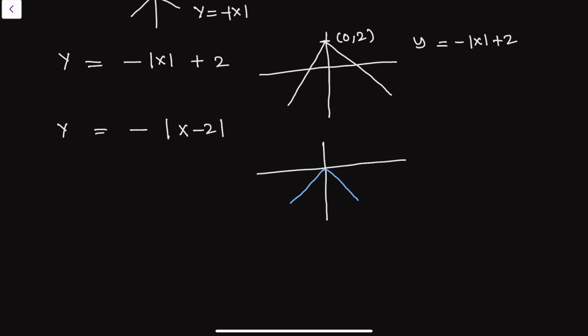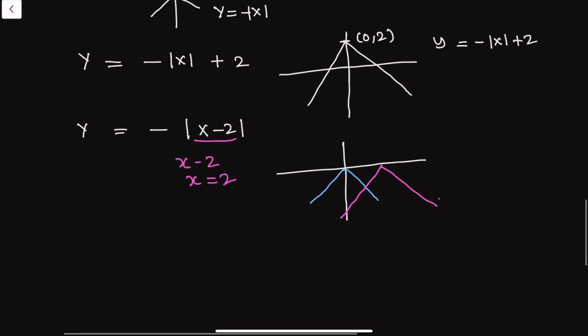Now when you translate it 2 units to the right, because we have x − 2 here, when you set x − 2 to 0, you get x = 2. This implies that you have to shift the graph 2 units to the right side. So the graph goes in this way. This graph goes through the point (2, 0), and this is y = −|x − 2|.